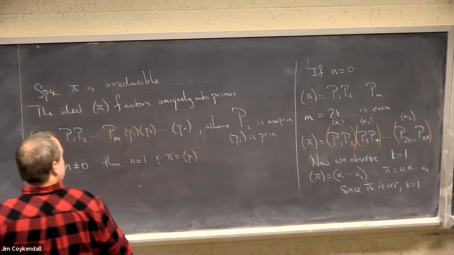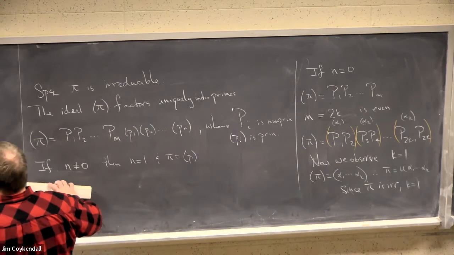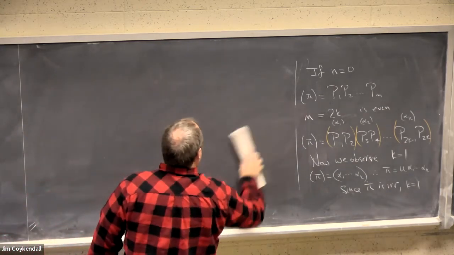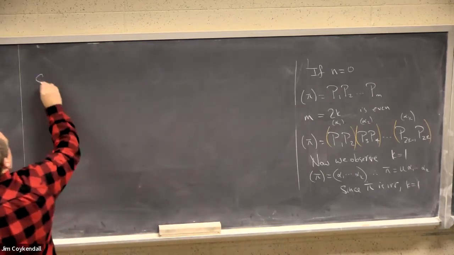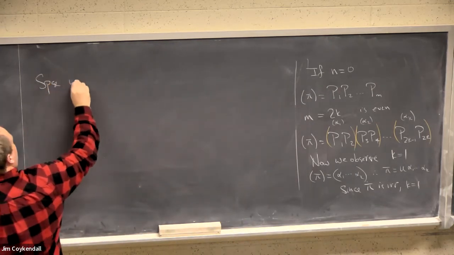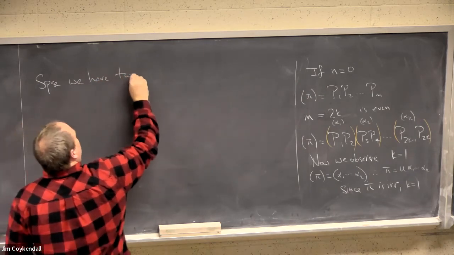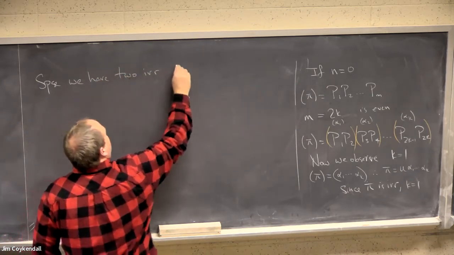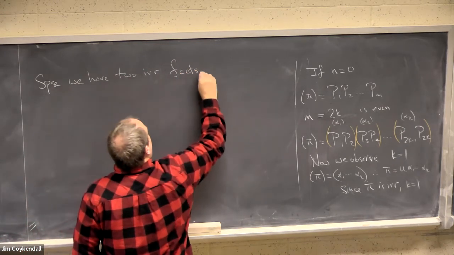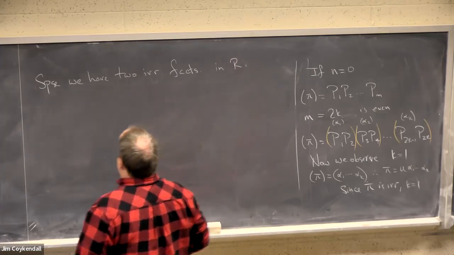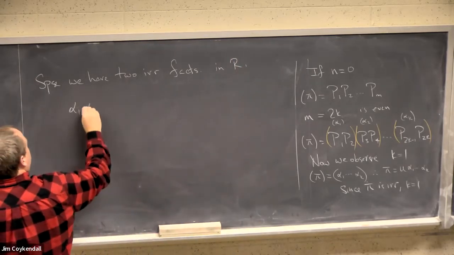So let's suppose we have 2 irreducible factorizations. Let's say alpha 1, alpha 2.